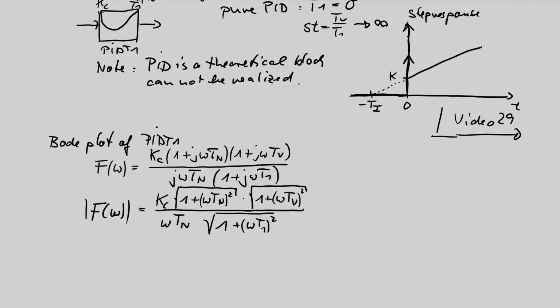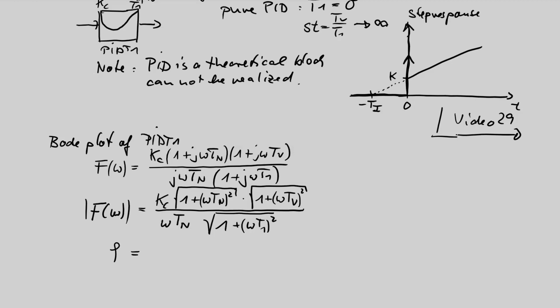With the phase we can do the same. The phase of a PIDT1 is the sum of the phases of these single factors in my expression. So let's start with this.